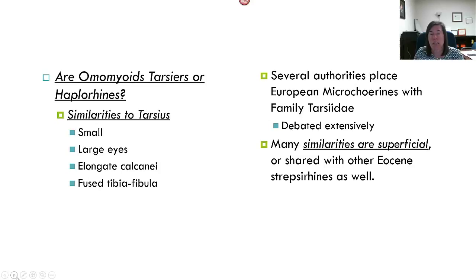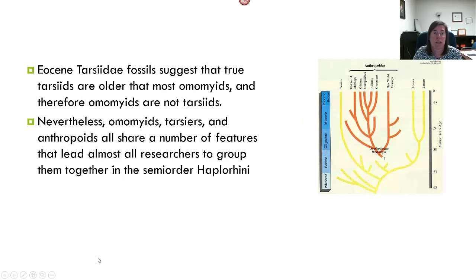Several authorities actually place the European microchoerines within the actual family Tarsiidae. Obviously this is debated extensively, and we're not going to take that path today, but I just want you to know that there are features that link them, and some people take it even further. But I want to make it clear that many of the similarities that link Omomyoids with tarsiers are very superficial. They're either shared with other strepsirhines, or they're actually primitive traits.